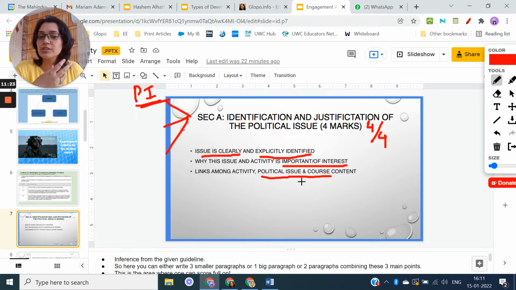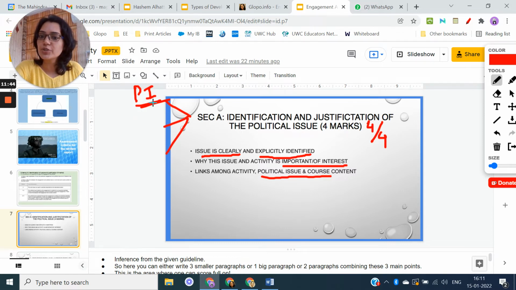These could be your key concepts. When you are discussing these key concepts, you don't have to define them. You don't have to tell what is human rights. You have to connect human rights to your topic, and then tell how this topic is connected to my political issue. Clear? So there are three things.